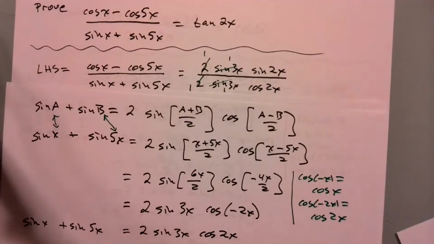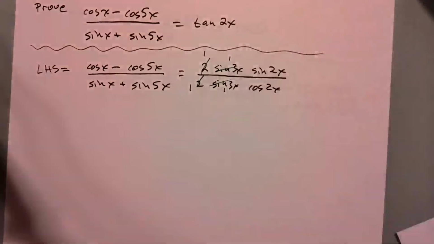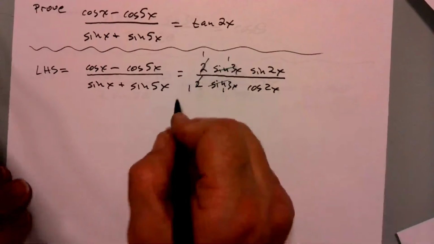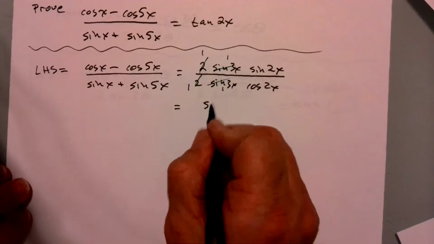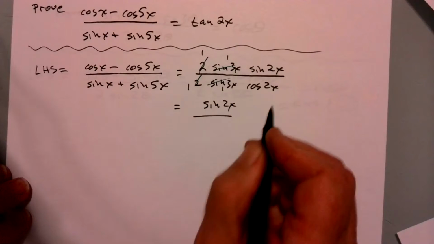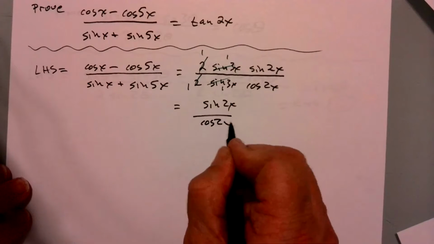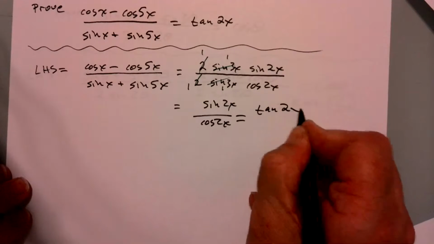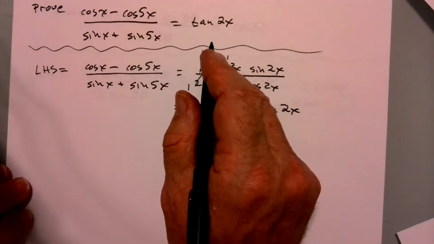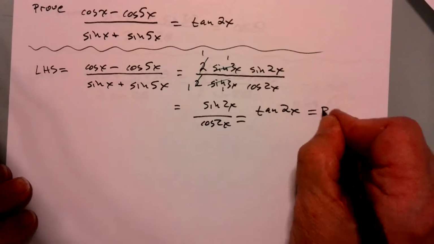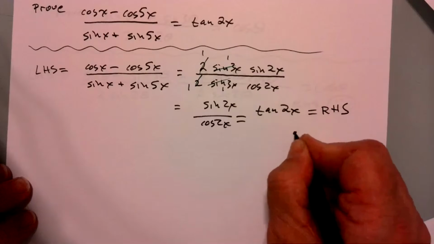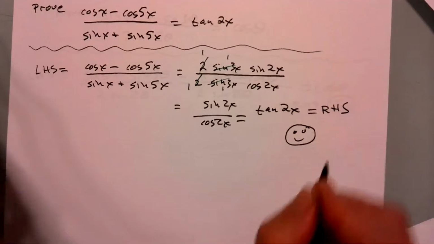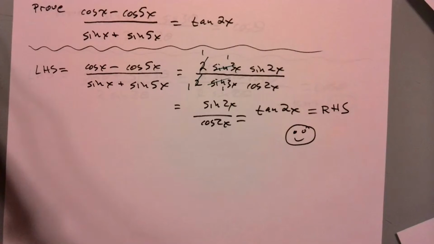So I wind up with sine of 2x over cos of 2x. So we can put this away now, I think. So this equals 1 times 1 times sine of 2x over 1 times 1 times cos of 2x. Sine of 2x over cos of 2x, of course, is the tangent of 2x. And the tangent of 2x is what? It's the right-hand side. So that makes us happy.